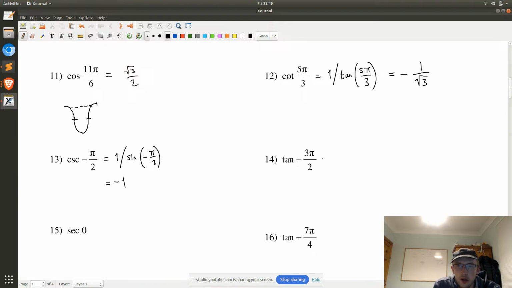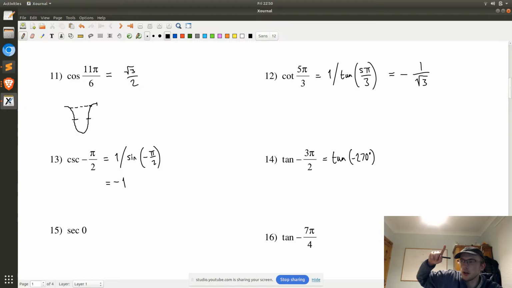Tangent of negative 3 pi over 2. 3 pi, okay, so 2 pi is 360. So 1 pi is 180. So 1.5 pi must be 270. So this is tan of negative 270 degrees. So how does tan work? It shoots off to infinity at 90, wraps back around, climbs up to 0 at 180, then shoots off to infinity at 270.